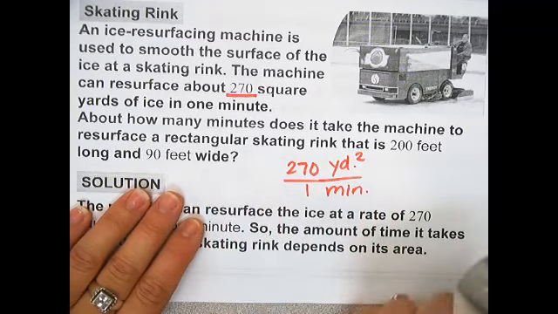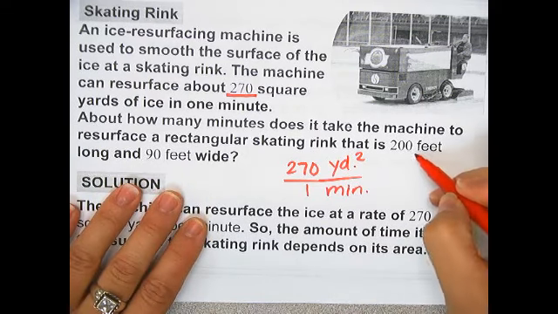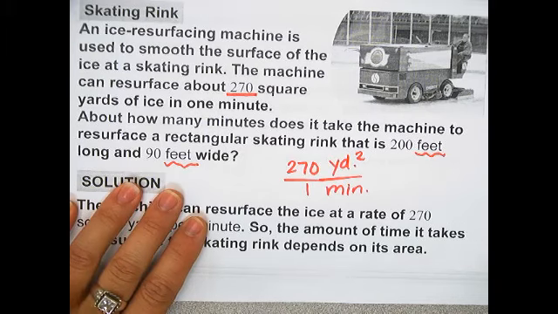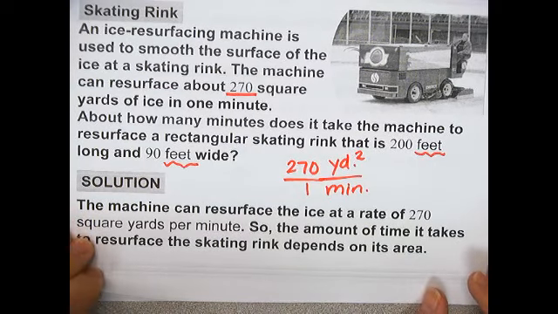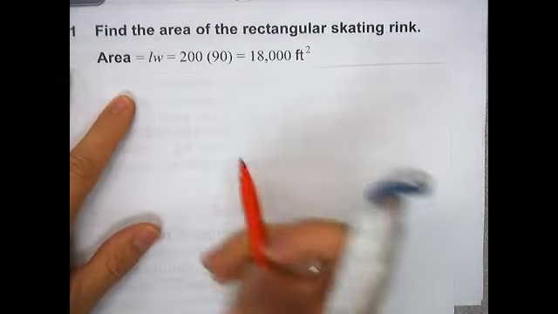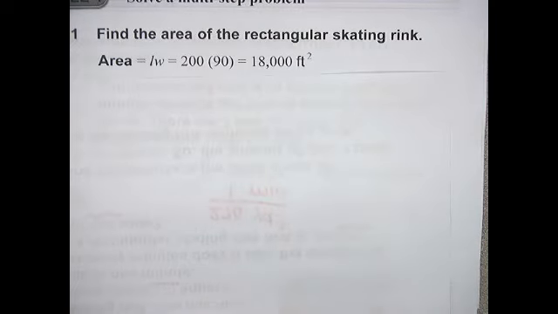About how many minutes does it take the machine to resurface a rectangular skating rink that is 200 feet long by 90 feet wide? The first thing that should jump out to you is that our dimensions of the rink are in feet and our rate was given in square yards. So you should be thinking already that we're going to have to do some sort of conversion. So the first step you need to do is to figure out the area.